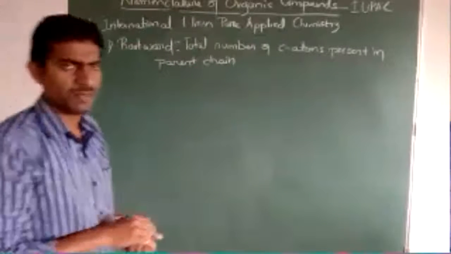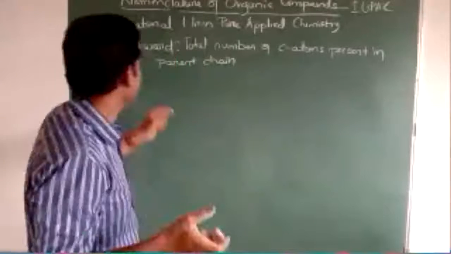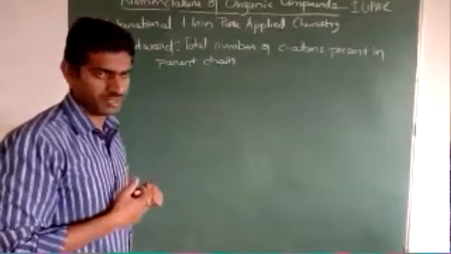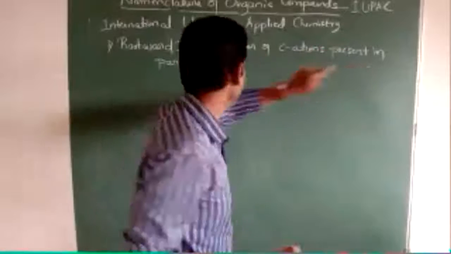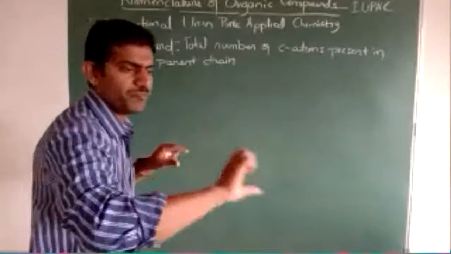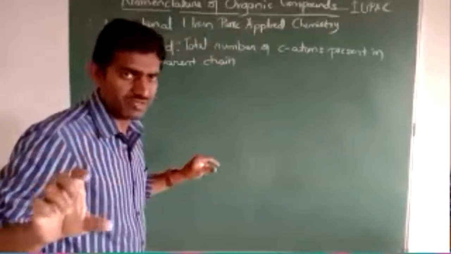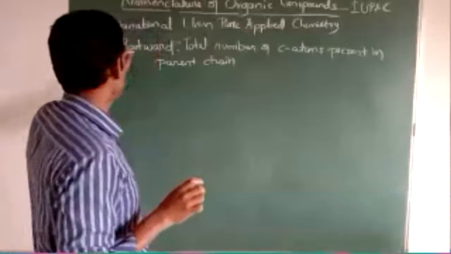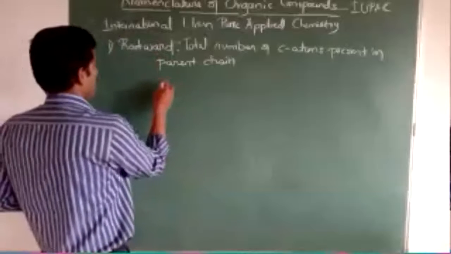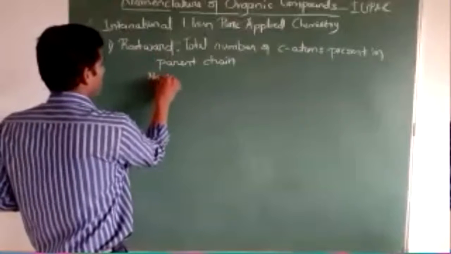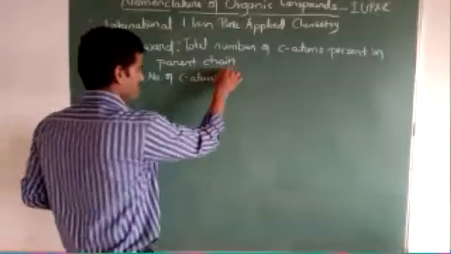Parent chain means what? The main chain. How many carbon atoms are there? That idea will be given by the root word. The parent chain is the one with the largest number of carbon atoms, and that is called the root word. How to name that one depends on the number of carbon atoms.